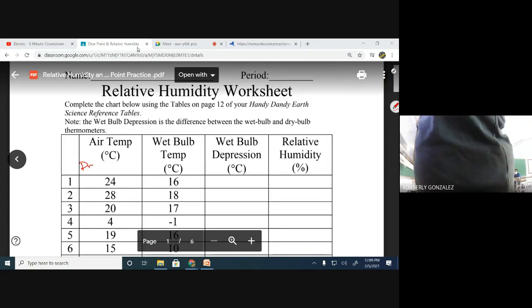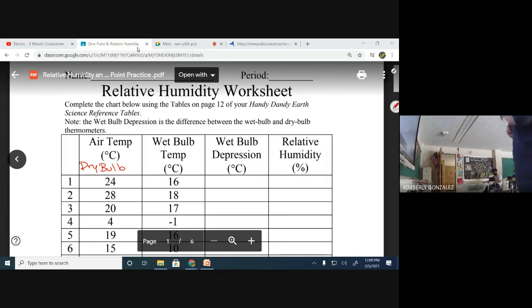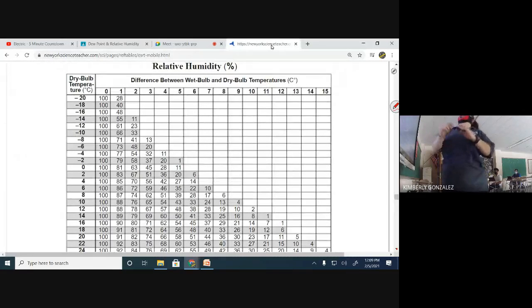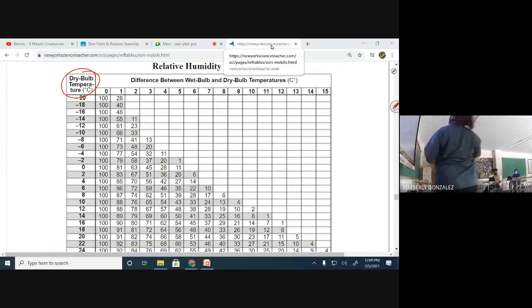Yeah, it is. Dry bulb goes here. So when you're looking at the reference table, here's the dry bulb temperature. We're going to need that specific dry bulb temperature there.